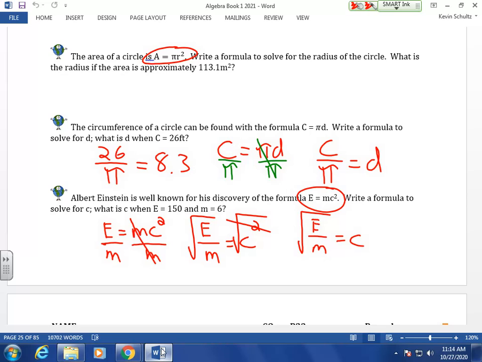So in context here, if E is 150 and m is 6, then we have the square root of 150 divided by 6, and that's going to equal c. Well, what's 150 divided by 6? 25. Then the root of 25 will equal c, and that's how we get c to be 5.